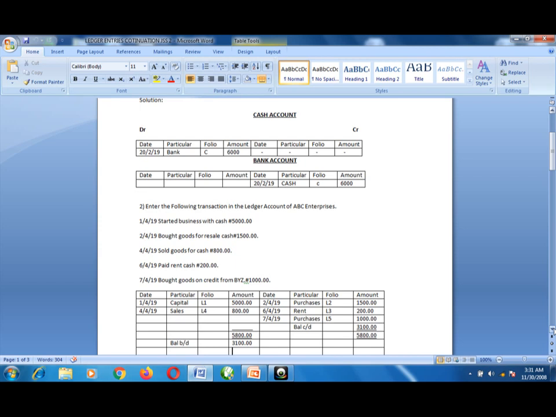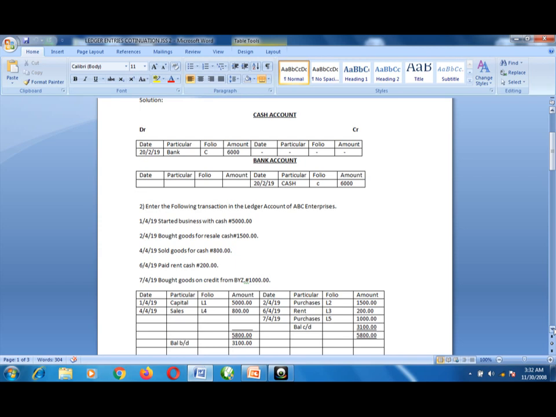When you say bought, in accounting terminology we call it purchase. When you bought anything and want to post it in the account, you say purchase. Purchase goods for resale with cash, 1,500 naira. 4/4/2019: sold goods for cash, that is sales. When you want to record it, you don't write sold, you write sales.